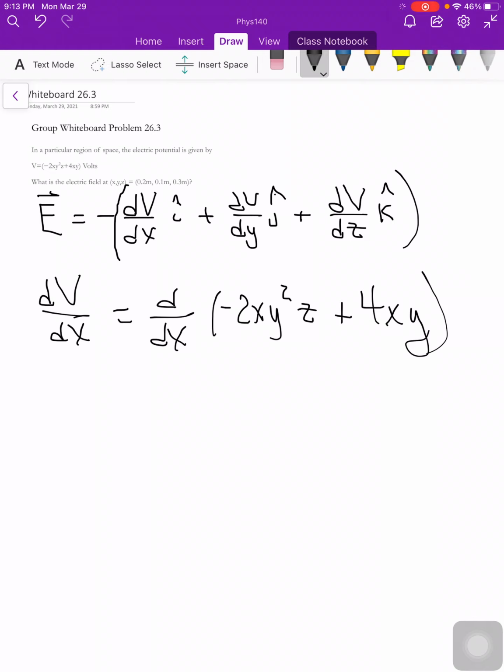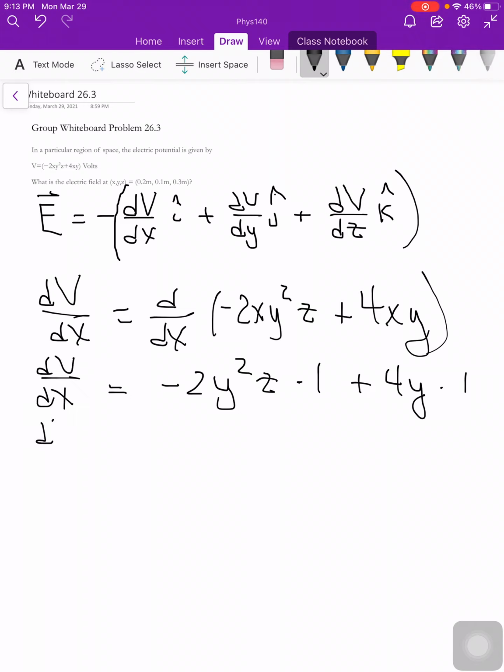If I take the derivative with respect to x, the 2 is a constant, but so is the y squared and the z. So for that first term, I get negative 2, pull out all the constants, y squared, z, and the derivative of x is 1. Then 4 and y are both constant with respect to x, so I get plus 4y, times 1. So that's my dV dx.